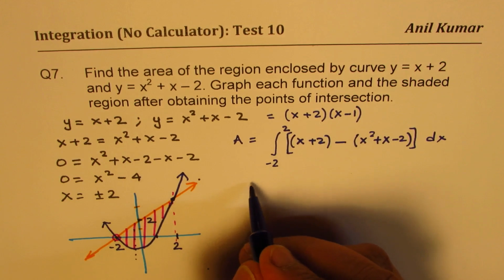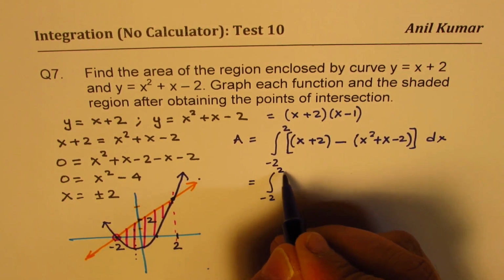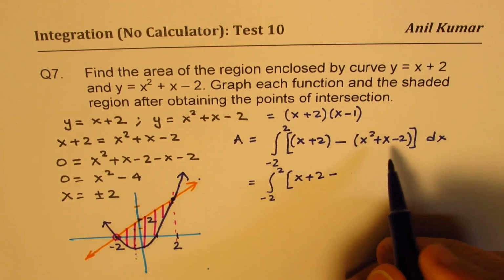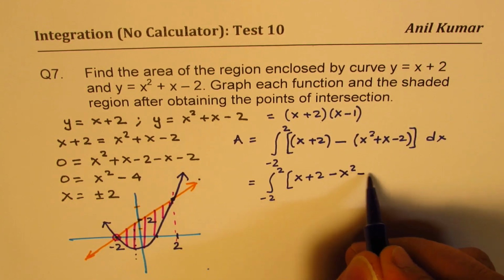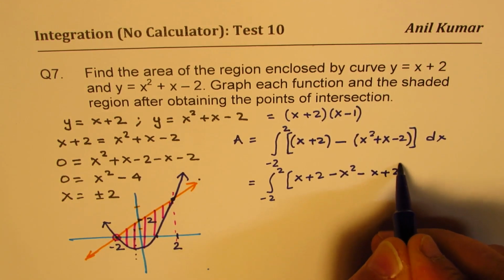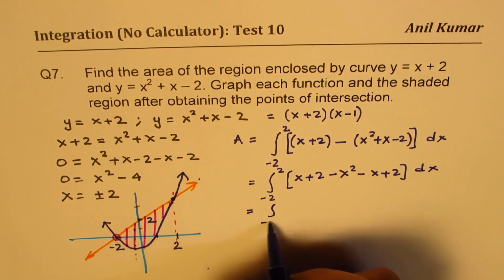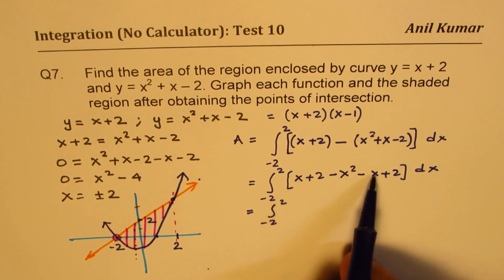Let's try to simplify this. So what we get here is the integral from minus 2 to 2 of x plus 2 minus x squared minus x plus 2, dx. That is the integral from minus 2 to 2, and x and x cancel.